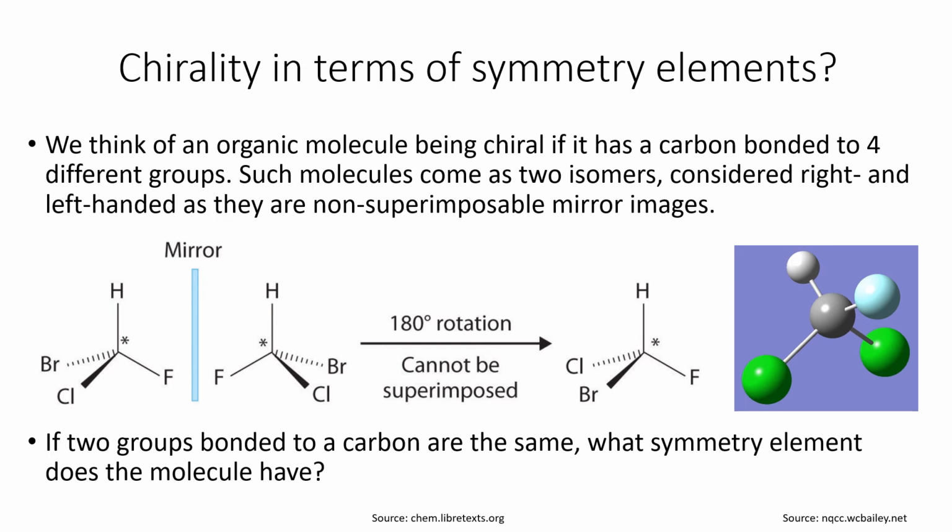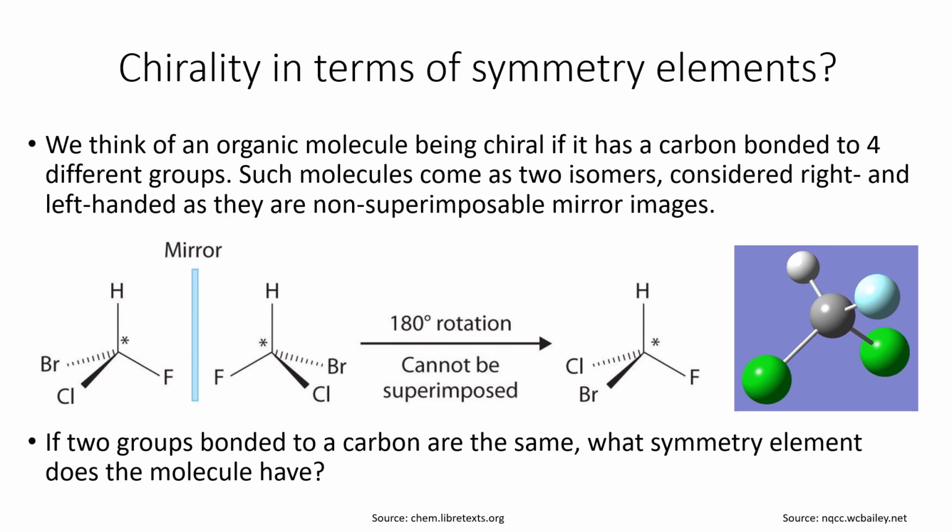If you change the bromine to a chlorine, so you have 2 similar atoms in the molecule, can you see that there's now an element of symmetry? You could have a mirror plane going through the carbon, the hydrogen and the fluorine, and that would be a symmetry element because the 2 chlorines would reflect into each other's position.